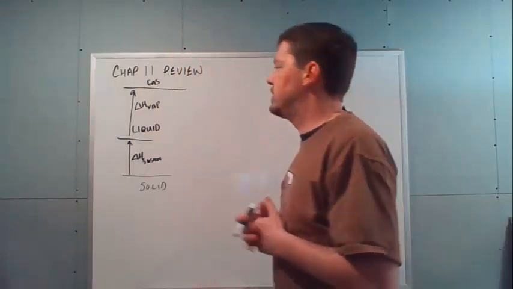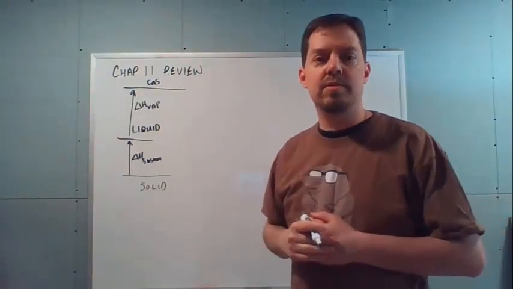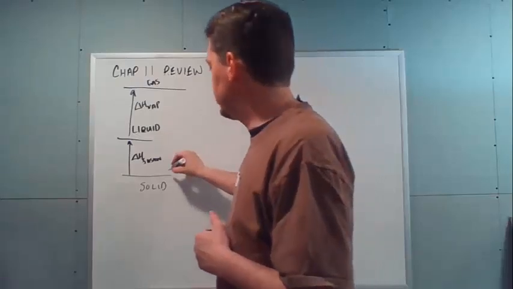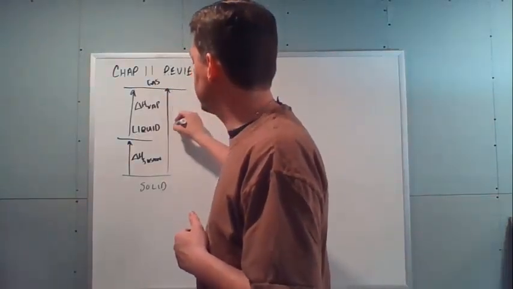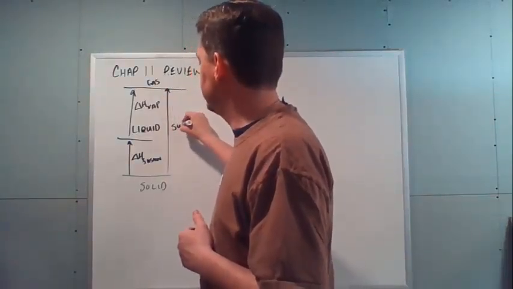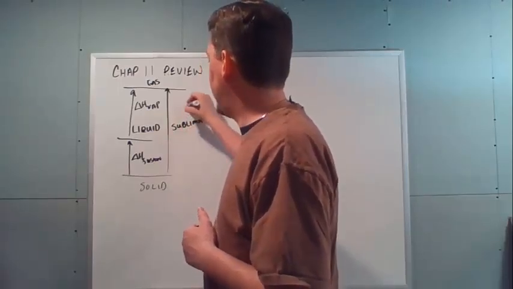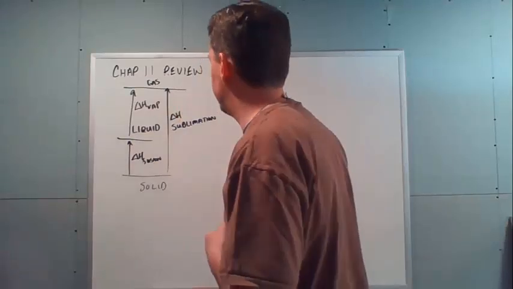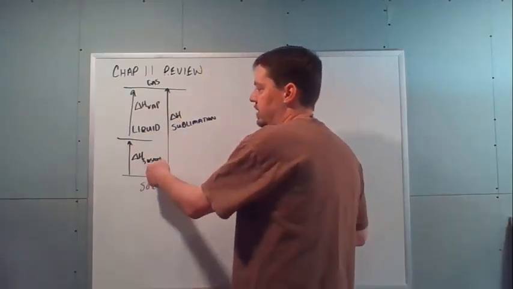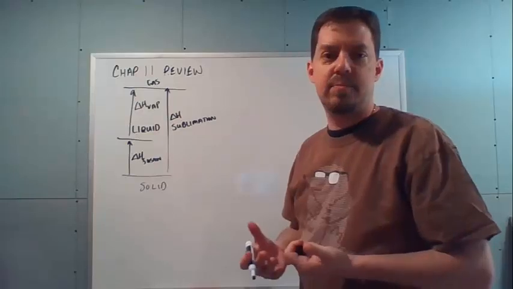And the heat of vaporization tends to be significantly larger than the heat of fusion. To go directly from a solid to a gas is sublimation. And the value of the delta H of sublimation is equal to the value of the heat of fusion and the heat of vaporization put together.